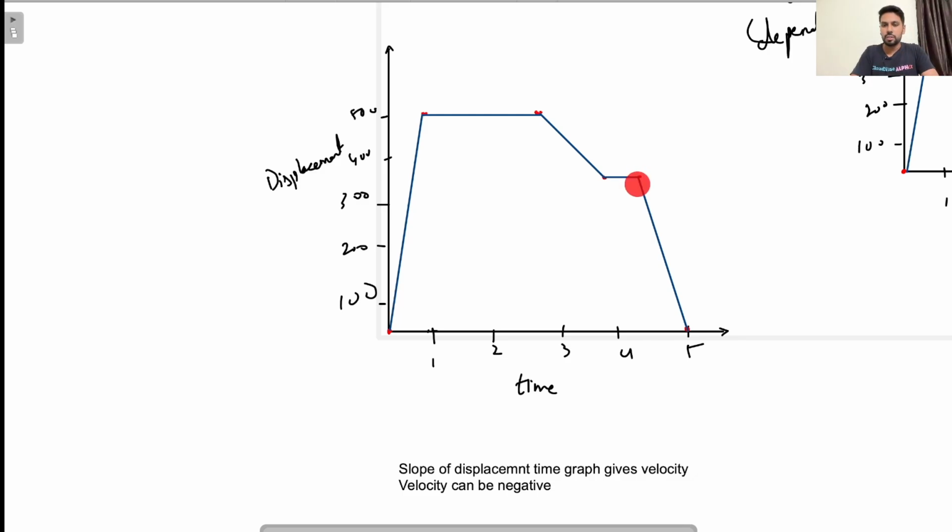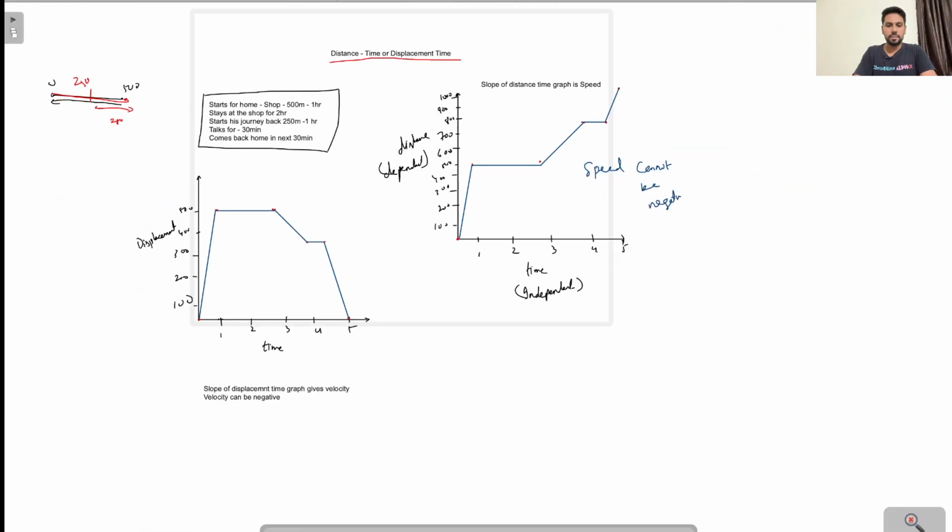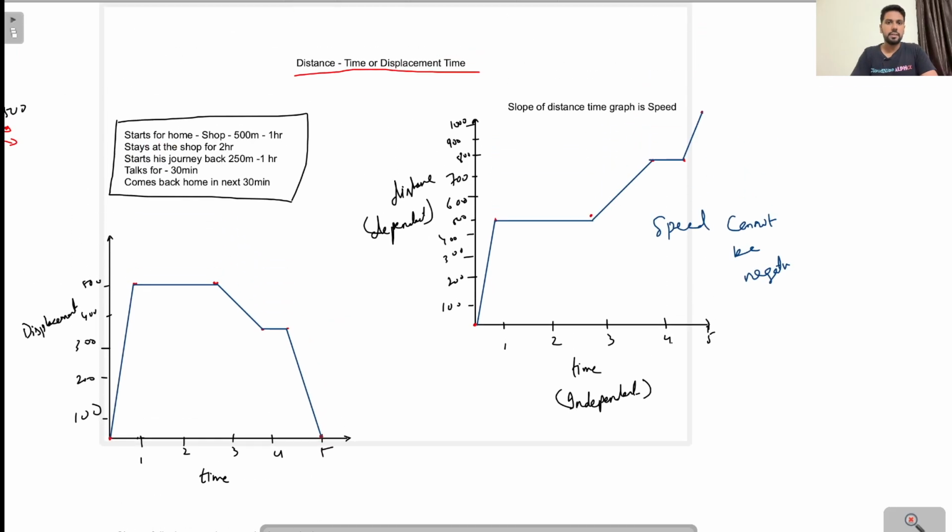Here also the velocity is negative, which literally means that he is coming back. Going is velocity forward, coming back is velocity reverse. Right? So this is the important difference between a distance and a displacement time graph.